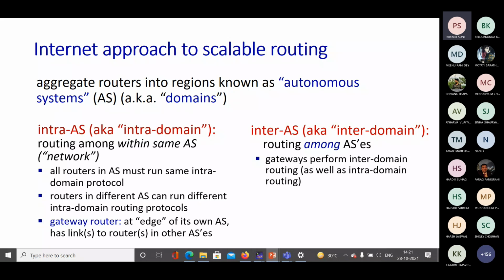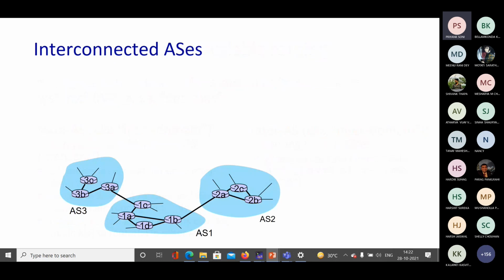You can think of the amount of complexity handled by a gateway router, because it is part of the intra-AS routing, giving out information to the routers that belong to the same AS, and it is also helping all the other routers in an AS to communicate with any external router belonging to any other AS. So that's about gateway routers.